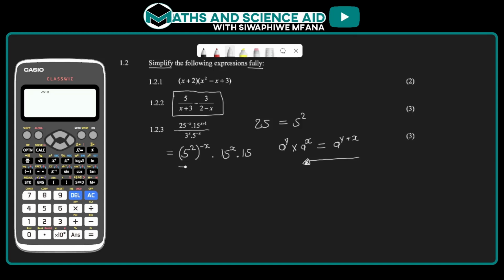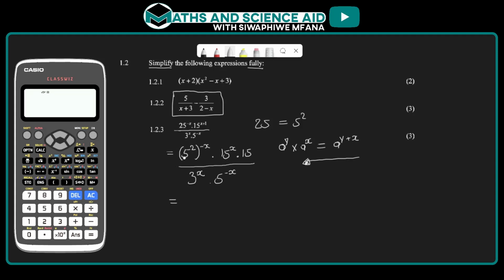And now we can go to our denominator, and there we have 3 to the power of x, and there's nothing we can do with that at this point. But we also have 5 to the power of -x, okay? And now after this, what we need to do is remove these brackets here.